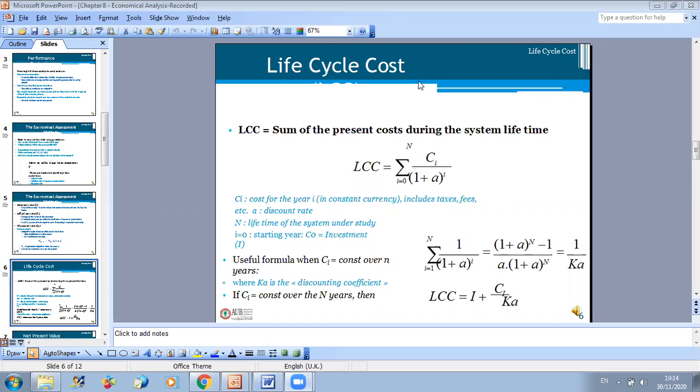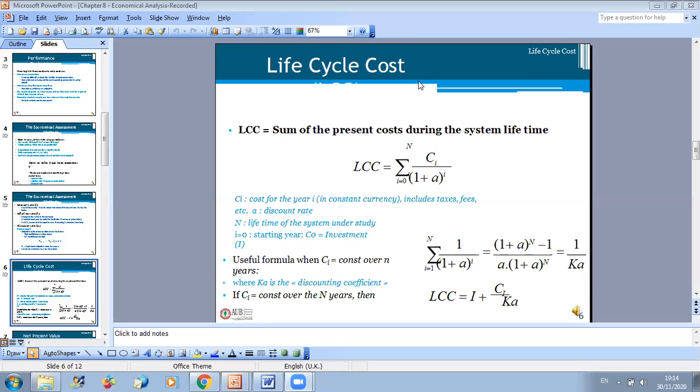With time we need maintenance cost, we need some cost for operation, etc. So when we add to the initial investment maintenance cost and any other operation cost, then we should take into account their equivalent value at year 0. We don't have the same value, because if something is costing now C0, it will cost after C0 over 1 plus A to the power n, which is the number of years.